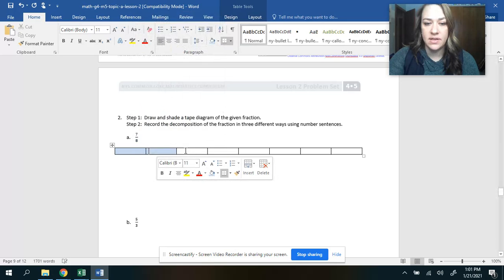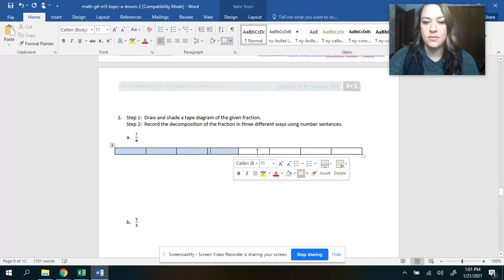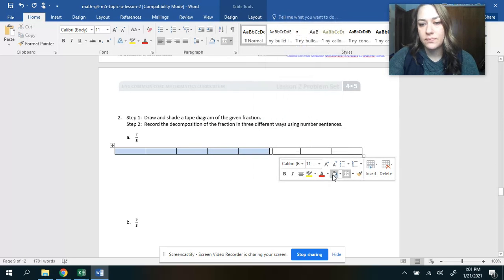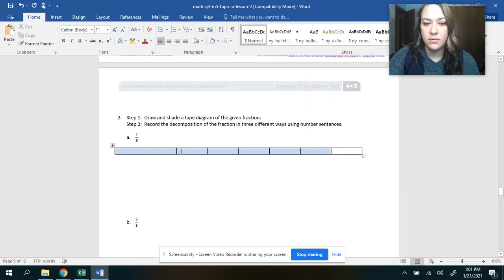So I need to show 7 eighths. How many eighths do I need to make a whole? 8. Hopefully you said 8. All right. So there's my 1, 2, 3, 4, 5, 6, 7 eighths shown in a tape diagram.